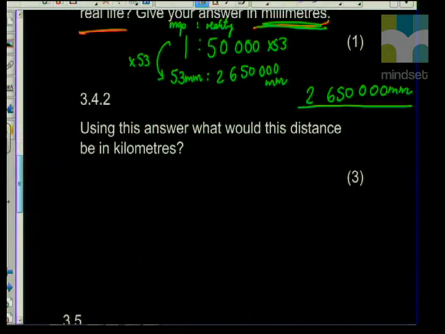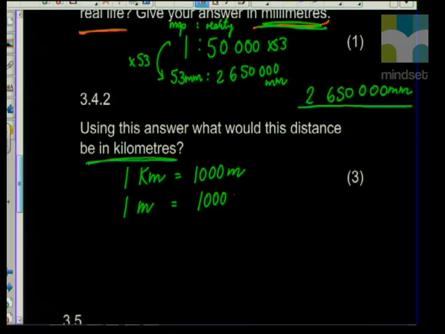Now we need to find this distance in kilometers, and this is where we need to use our conversion skills. So we need to remember that 1 kilometer is equal to 1,000 meters. 1 meter is equal to 1,000 millimeters.